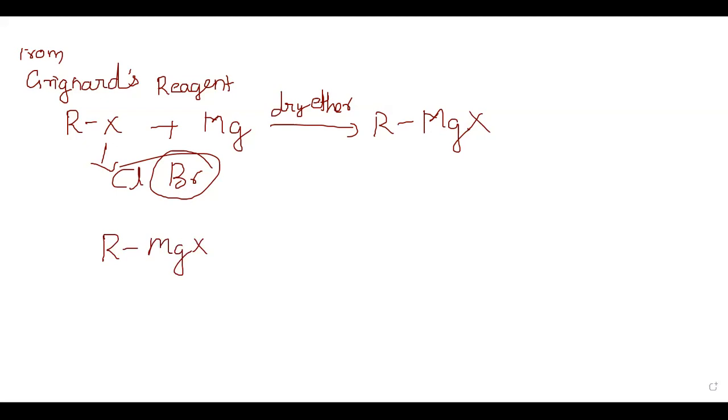RMgX is formed first. Alkyl magnesium halide is first formed. And to this, what is added? Carbonyl compound. Carbonyl compound you can add.